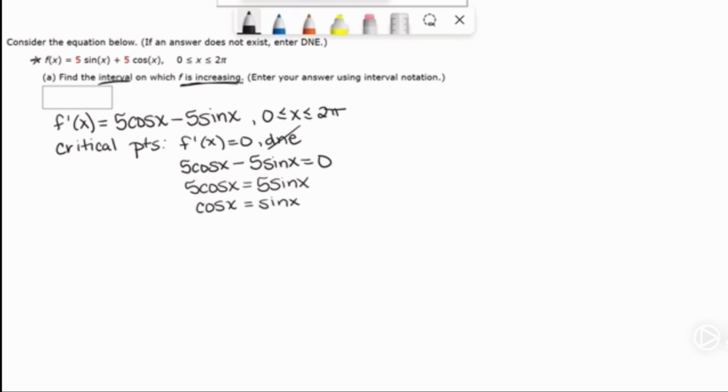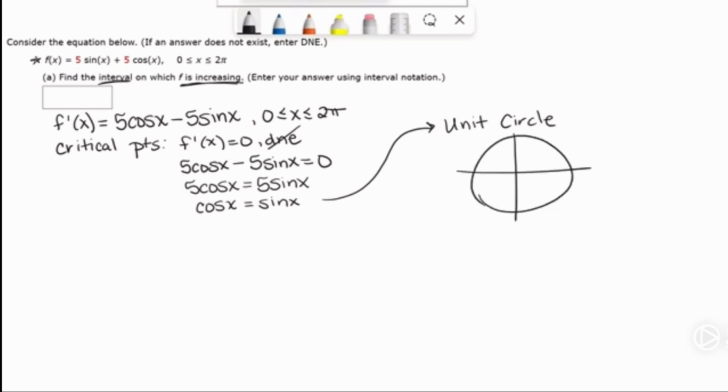Now that we've established this, we can direct our attention to the good old unit circle, so we can draw out our unit circle over here, and find the points in which the value of cosine will equal the value of sine.